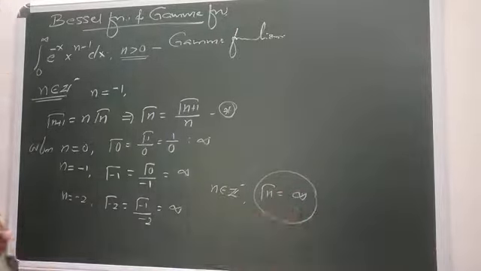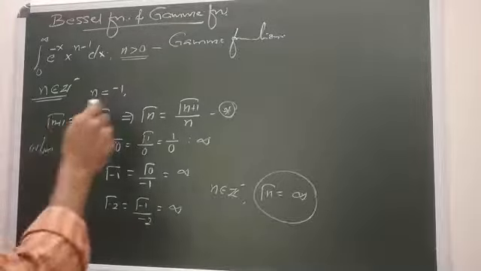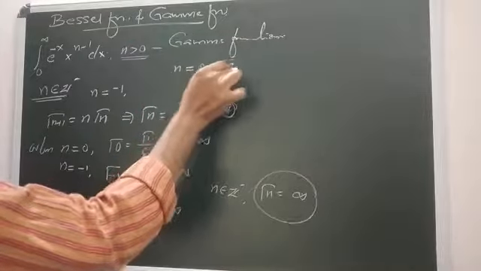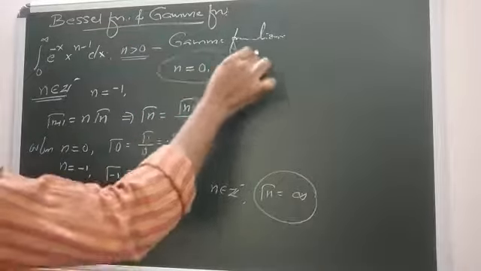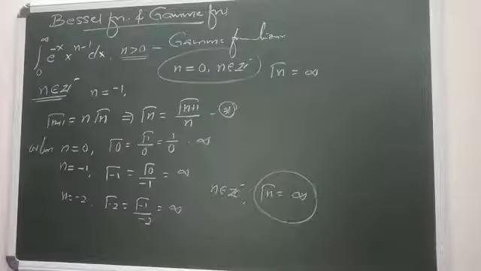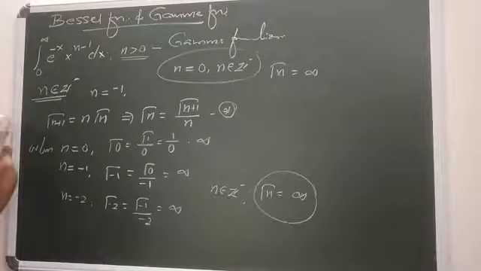This is an important idea. When n equals 0 or n is a negative integer, the value of gamma n is always infinity.